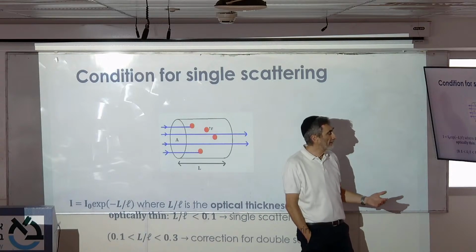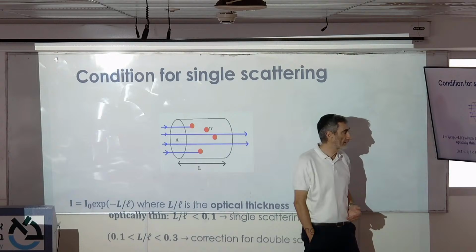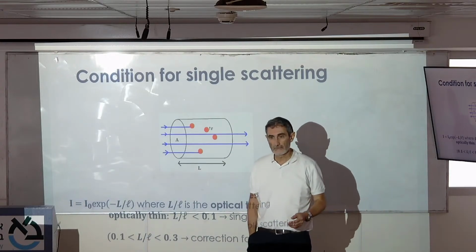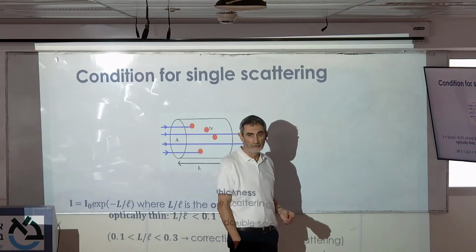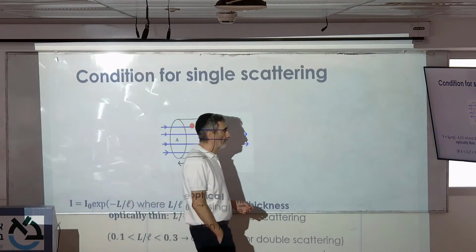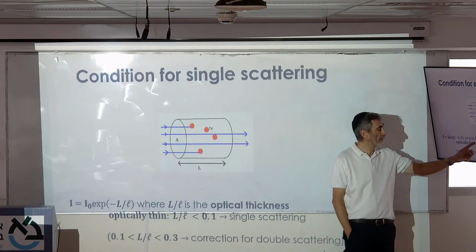In that case, you can assume that the scattering happens only once. The photon will scatter only once inside the cloud.